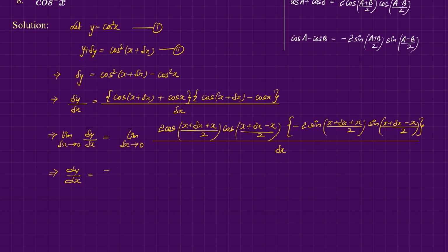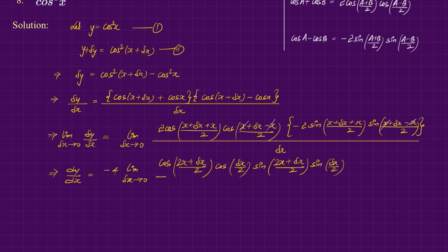So this implies dy over dx equals 2 and minus 2 will get multiplied, then I'll get minus 4, which I can write in front of limit delta x tends to 0 cos of 2x plus delta x by 2 times cos delta x by 2, as minus x plus x get cancelled, times sine of 2x plus delta x by 2 times sine of delta x by 2 whole divided by del x.